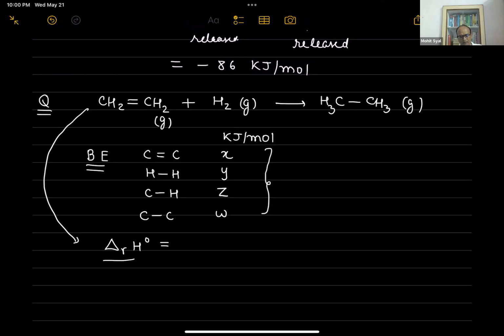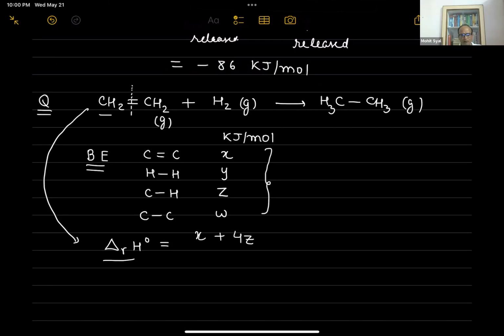You need to break a carbon-carbon bond. Whatever the reactants are, you break their bonds, so X amount of heat is given. And there are 4 C-H bonds which are broken, 4Z. Is it clear?